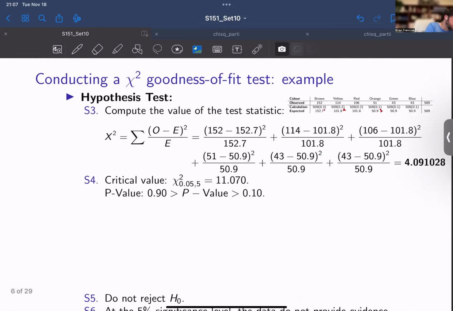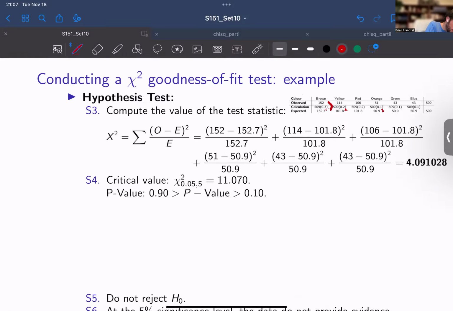So you can see that we are just working in pairs here. So I am connecting the observed and the expected count for brown first, and then I'm moving to yellow. So then I have 114 minus 101.8 squared divided by 101.8. So that's the yellow outcome. Then I move to red. So I have 106 minus 101.8 squared divided by 101.8. And then I move to orange, green, and blue, and you can see it's the same pattern.